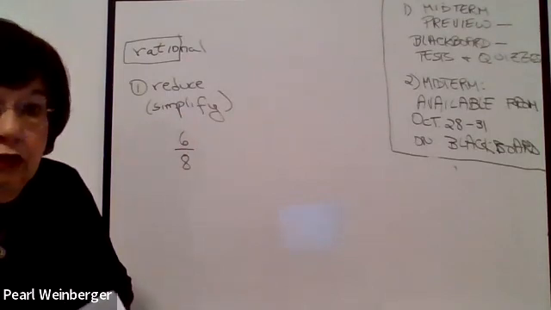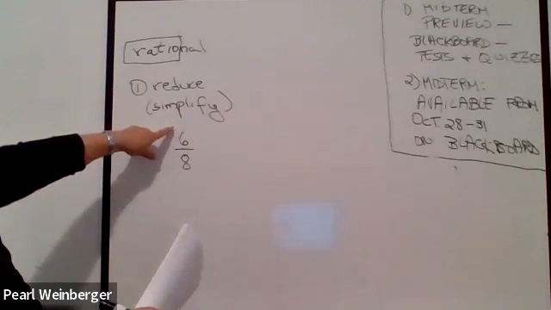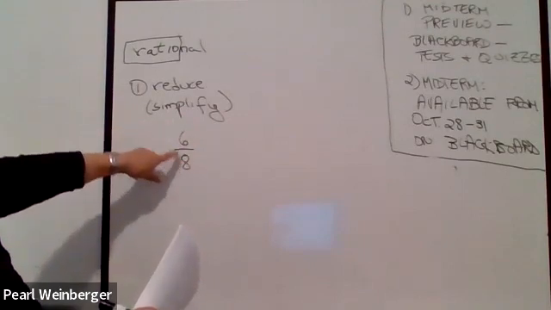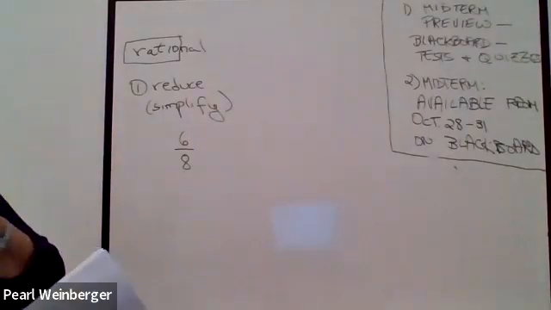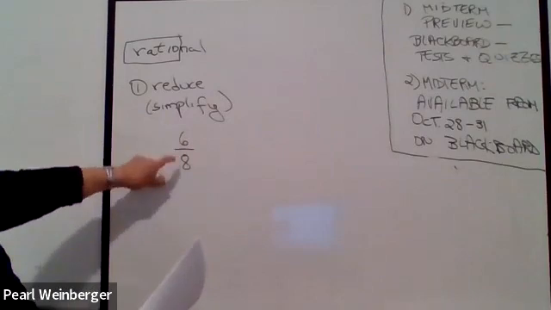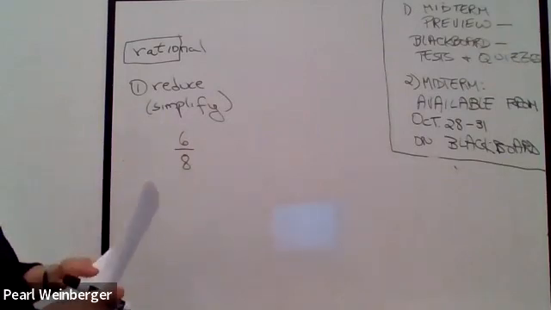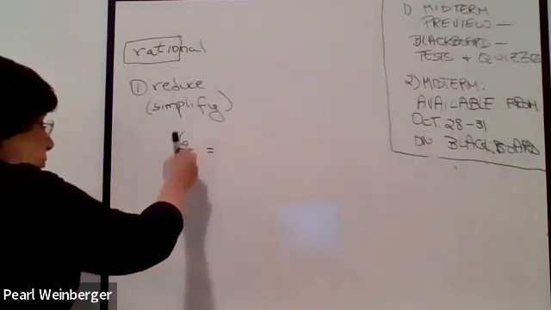What you're trying to do is looking for some number that will go evenly into both the numerator and the denominator. Or another way of saying that, we're looking for a common factor of both the numerator and the denominator. If you notice, I'm going to write it out, but you don't have to do this.